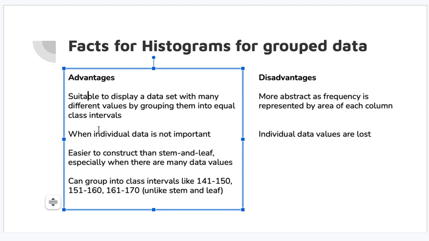In this case, for group data, individual data is not important because they are grouped together, so we don't know how many of them are of a certain type. It's easier to construct than stem and leaf, especially when there are too many data values. And it can be grouped into class intervals which are across, not like the stem and leaf. It's more abstract as frequency is represented by the area of each column, and individual data values are lost.